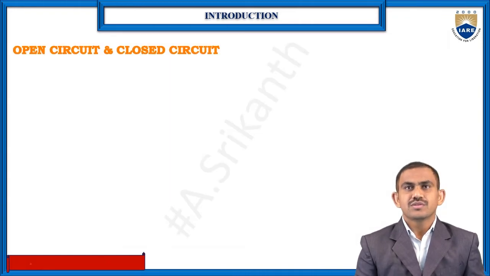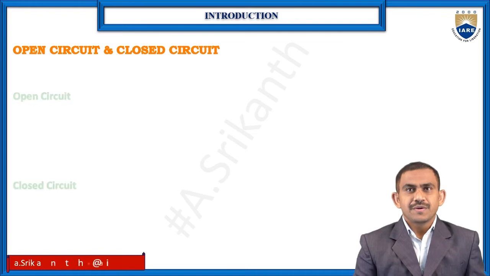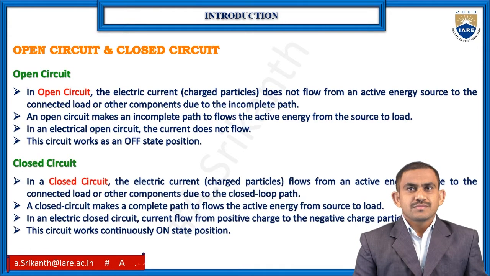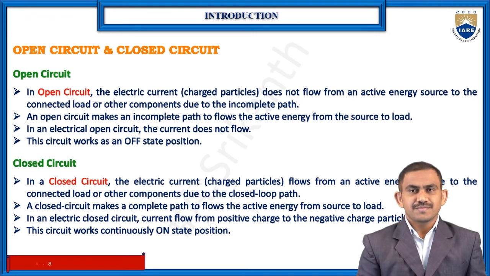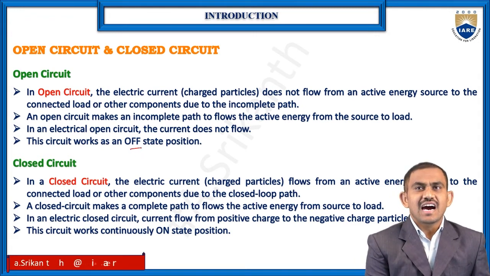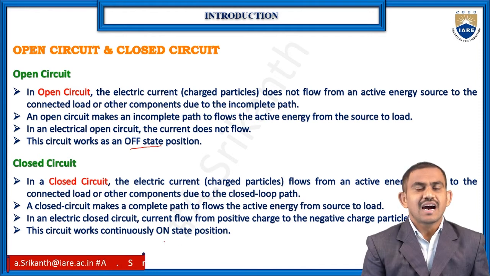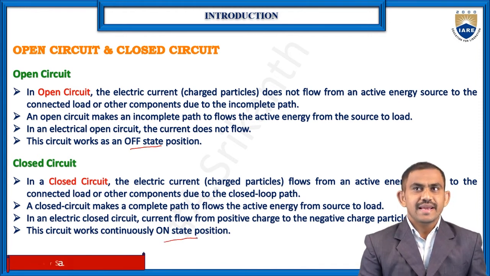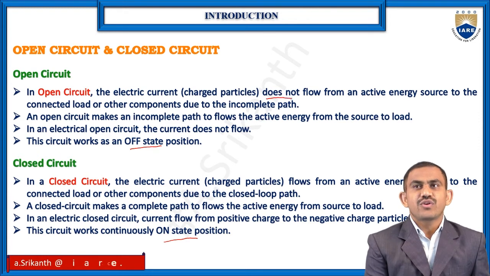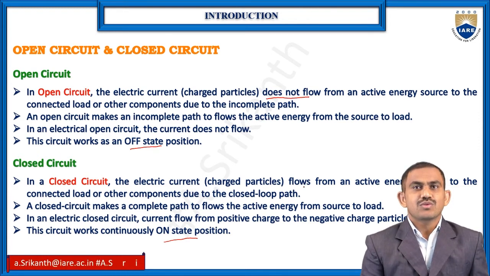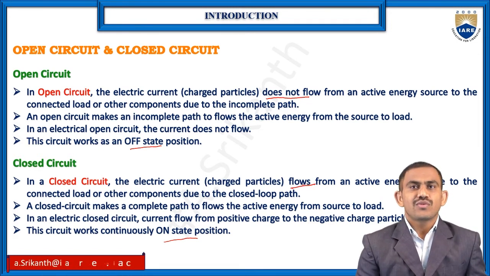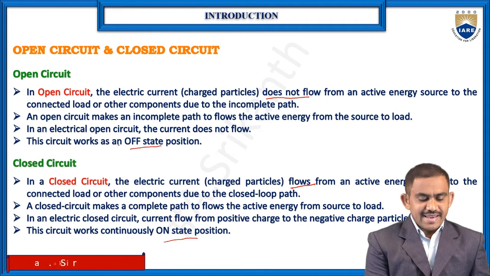Now moving to open circuit and closed circuit. Just observe those sentences. Open circuit means it's an off state position. Closed circuit means it's an on state position. The main thing is that in an open circuit no charged particles flow. In a closed circuit we have a flow of charged particles in the wire, which means we have some active energy in that conductor.